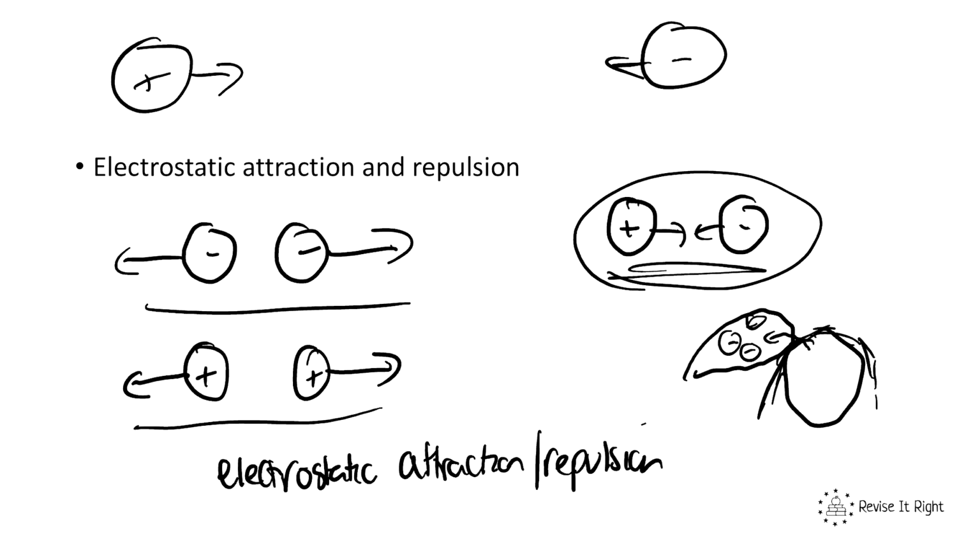We therefore know that the balloon is going to become negatively charged because it's gaining electrons, so it's going to have a negative static charge. And the hair is going to have a positive static charge because it's lost electrons. And as we've just learnt, positive and negative attract. So the negatively charged balloon will attract to the positively charged hair, and that's why they stick together when you rub it against your hair.